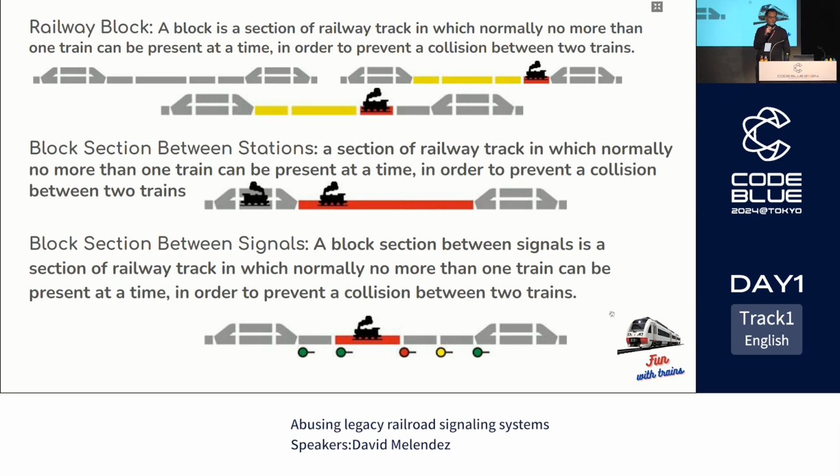So we have to control the train position in every section, and we divide the tracks into sections, and a section can only be occupied by one train at the same time. So we send a train on the track, and immediately the section is blocked, so no other train can enter the same section.